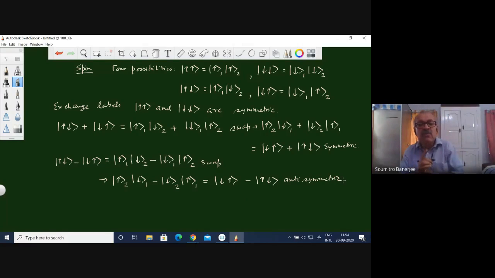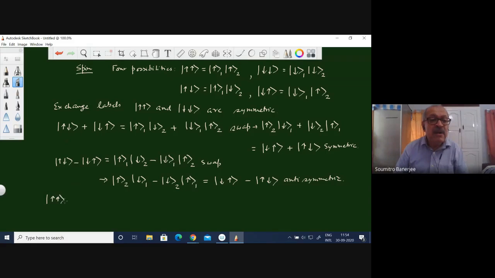So we have been able to construct both the spatial part as well as the spin part by doing some very simple linear combinations, plus and minus. We have not multiplied with any coefficient, just plus and minus, that yields symmetric and antisymmetric eigenfunctions as well as spin states. Let me summarize, because only 5 minutes are left.